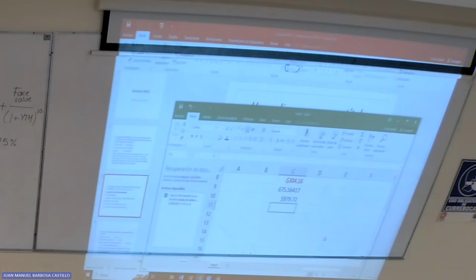So step number 2, in order to get the market value of debt, multiply that price times the number of bonds. 979 times 10,000, isn't it? Is that right? Yes. So that's what, 9 million? Let me get more.